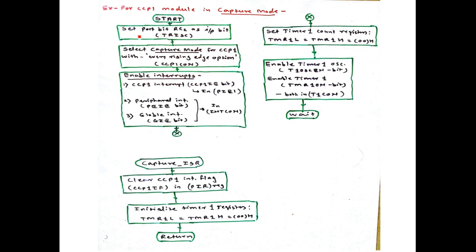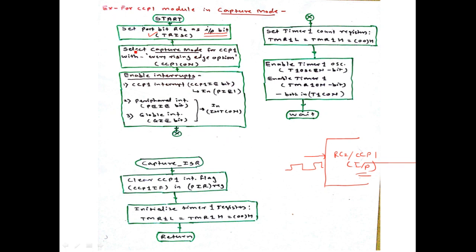You have to set the port bit RC2 as an input bit, because on that particular port pin you are going to receive the external signal. That RC2 pin, which has the alternate function of CCP1 input, should be configured as an input pin. That can be done by using the TRISC register, you know that.